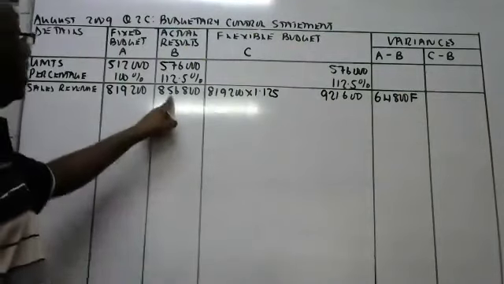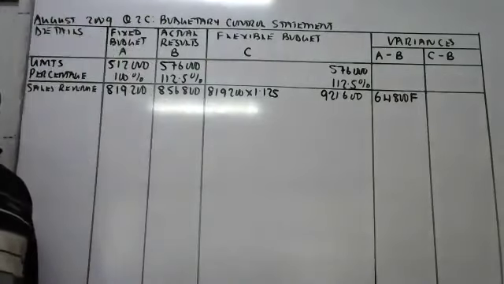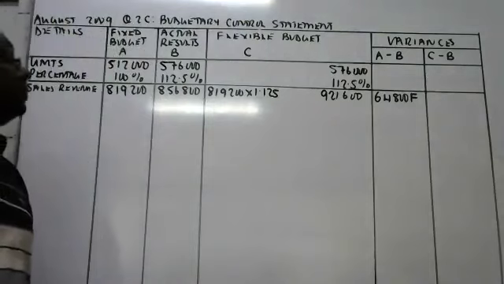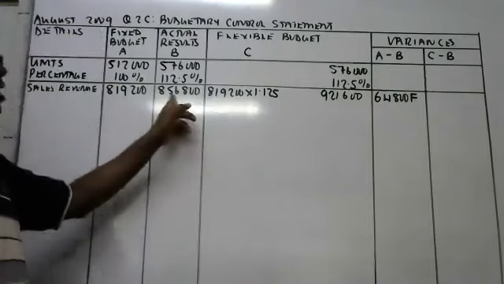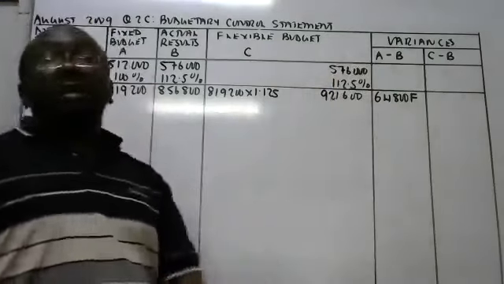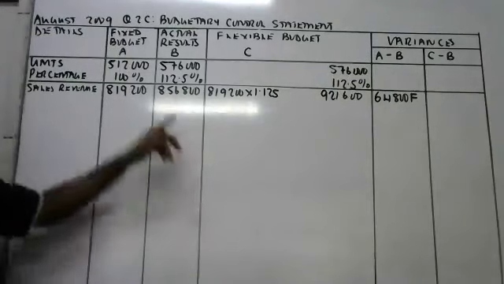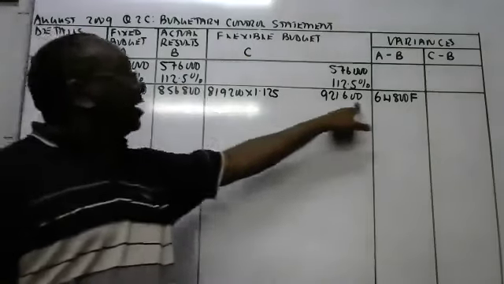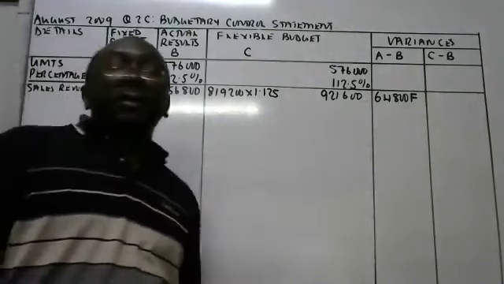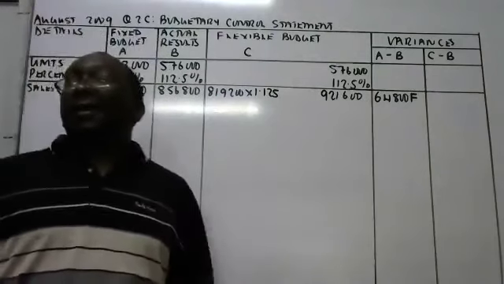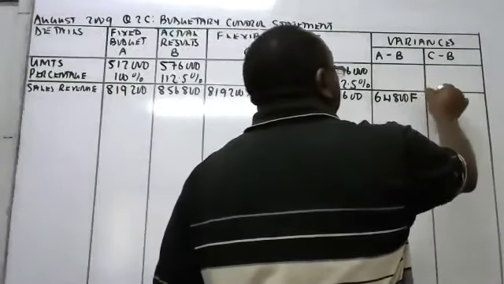If you compare now the actual and the flexible, the difference is, I want the figure. This 856,800 minus 921,600, or vice versa. 64,800 is the same.